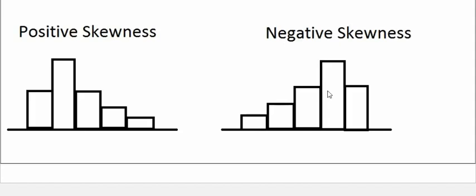So in a hospital, you'll probably have a lot of people piling up at the high end of income and some people at the low end, but not as many of them because most people in that population are up at the high end of income. So that's just some examples from everyday life. So basically, when you have a positive skewness, people are leaning toward the left, and with a negative skewness, people are leaning toward the right.